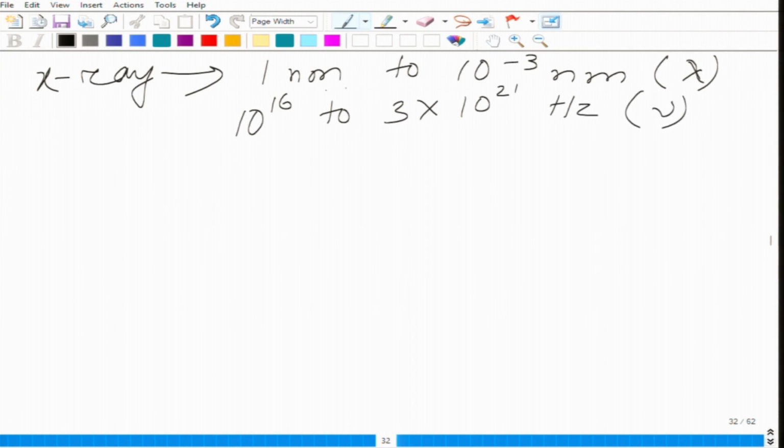Why are we writing the wavelength in opposite order? Because frequency is inversely proportional to wavelength. So if we are talking about the frequency in an increasing order, then we have to talk about the wavelength in decreasing order.